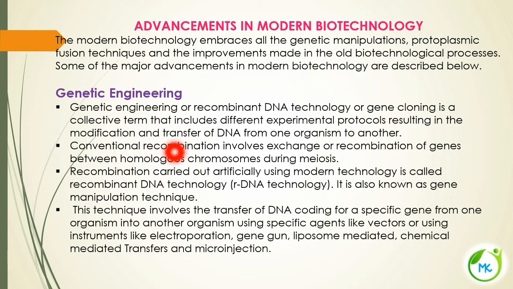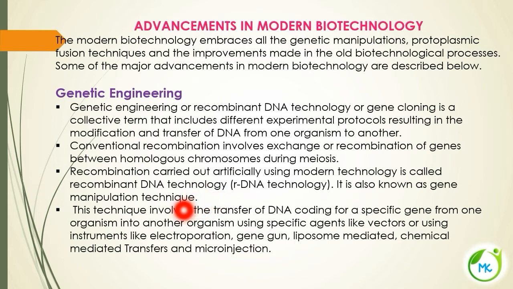The conventional recombination involves exchange of genes between homologous chromosomes during meiosis. The recombination which is carried out artificially using modern technology is known as recombinant DNA technology. Otherwise, it is also referred to as gene manipulation technique.